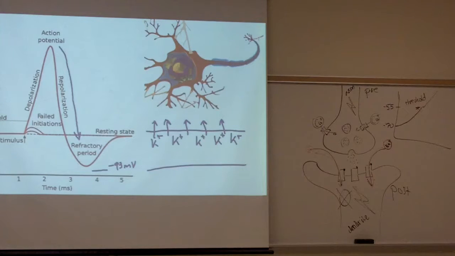Considering that the resting membrane potential is around negative 70, the membrane potential goes significantly lower than that negative 70, and this phase we call hyperpolarization. All along this process, we have the sodium-potassium pumps that are pumping sodium out of the cell, 3 sodium ions out, and 2 potassium ions back in. And that's going to cause the membrane potential to eventually reach back to its resting state.